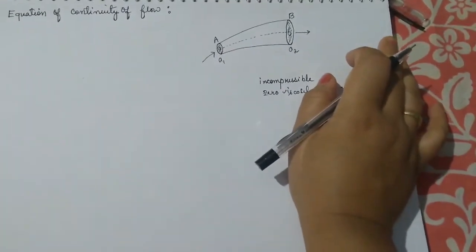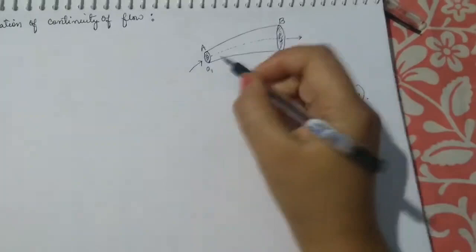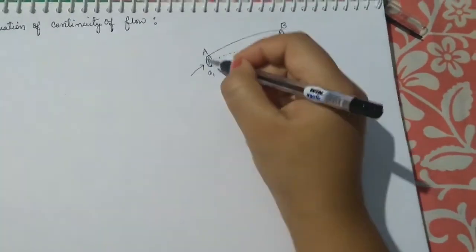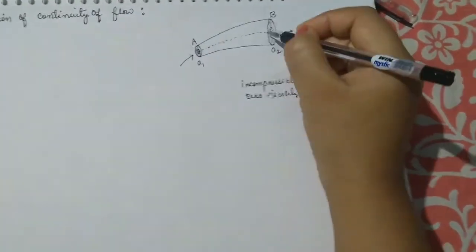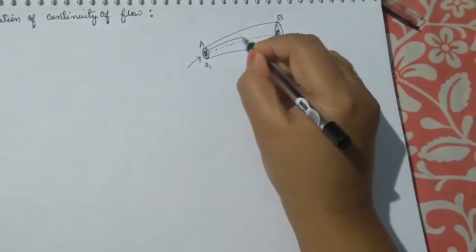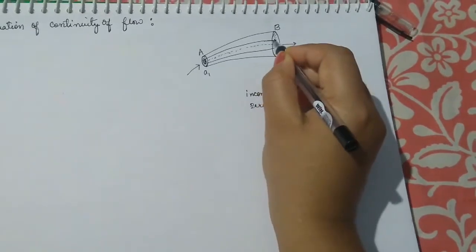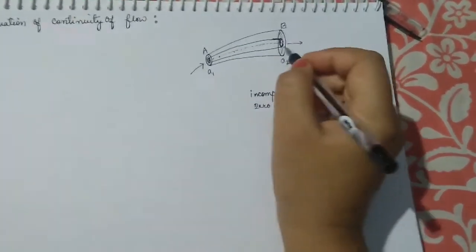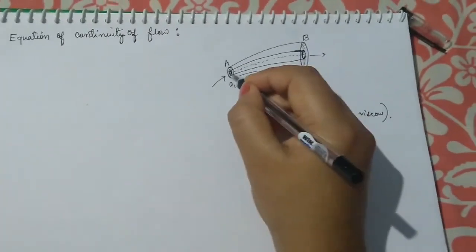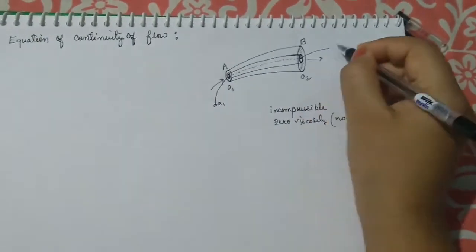For our convenience, this is the axis of the tube, and we will consider a very small infinitesimal tube inside it, parallel to the original tube. It's an imaginary thing, don't think that I have considered another tube. This small area is dA1 and this small area is dA2.